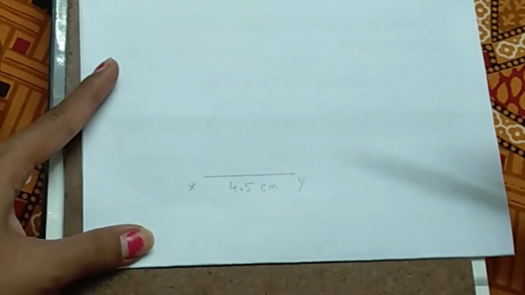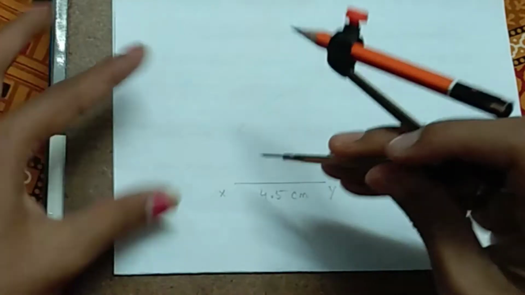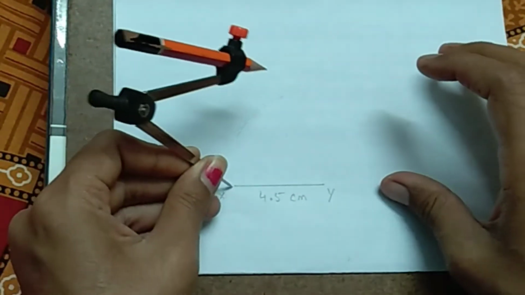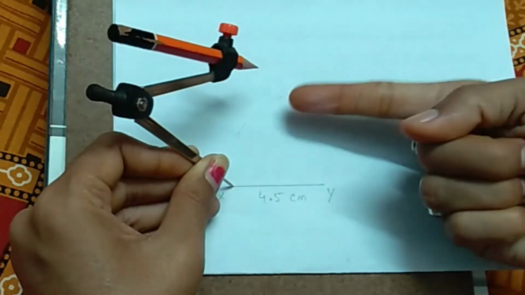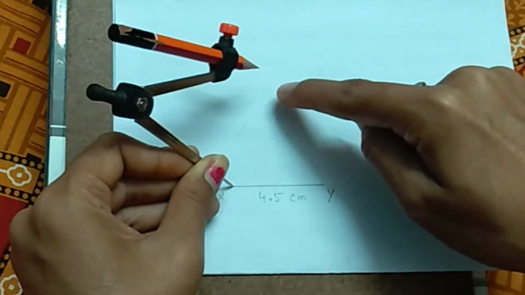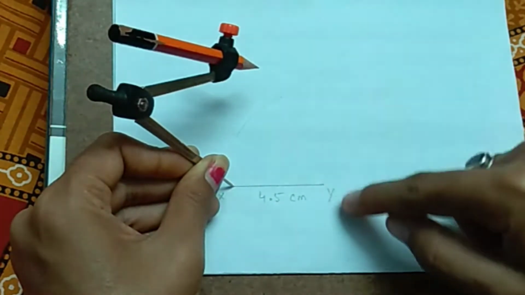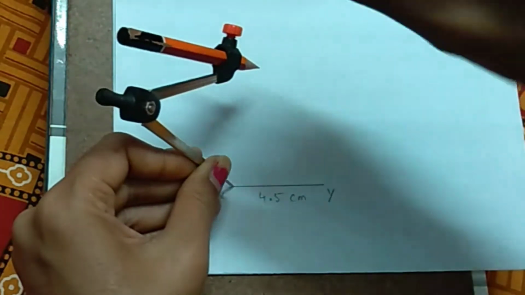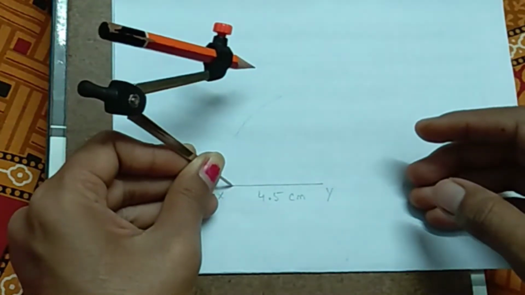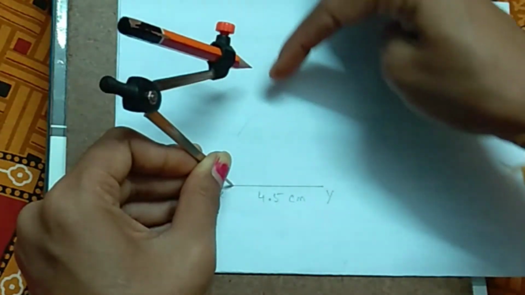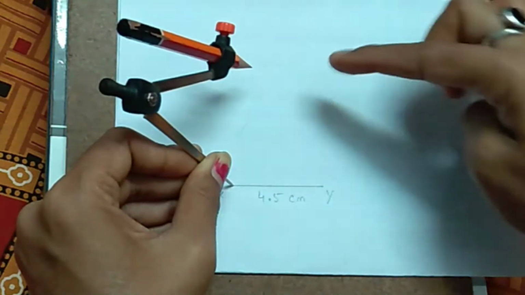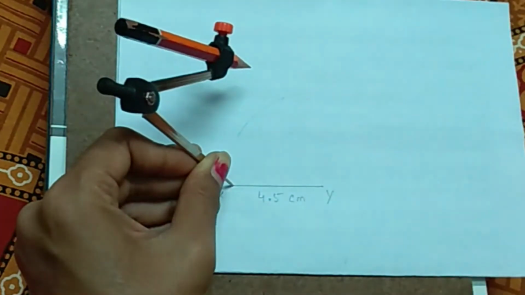Now you have to take X as center and mark an arc on the same side of XY where we put the arc through Y as center. So I am taking X as center and marking an arc on the previous arc. Okay.